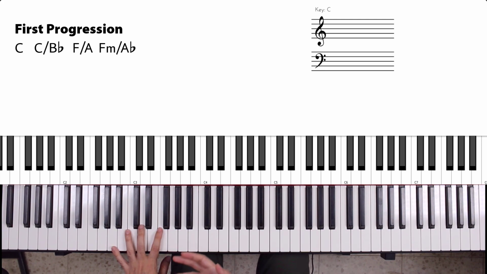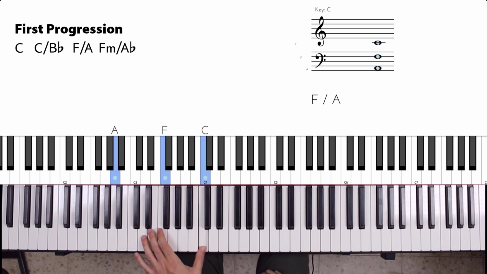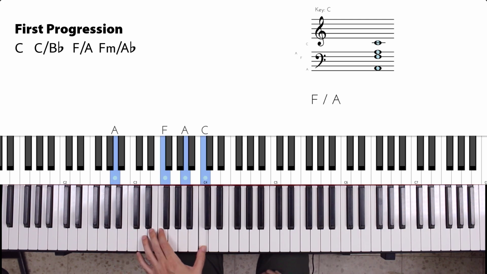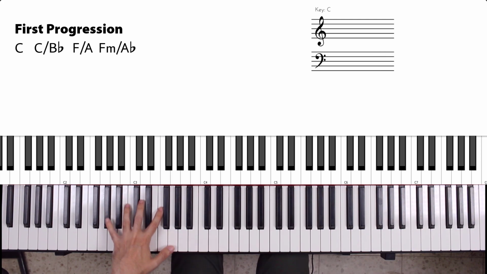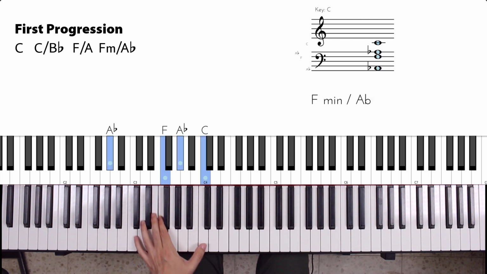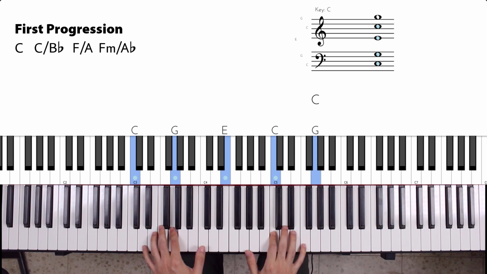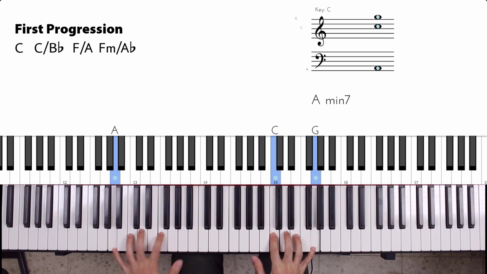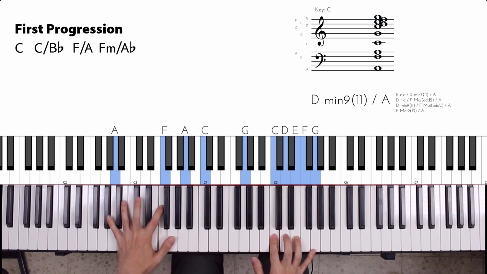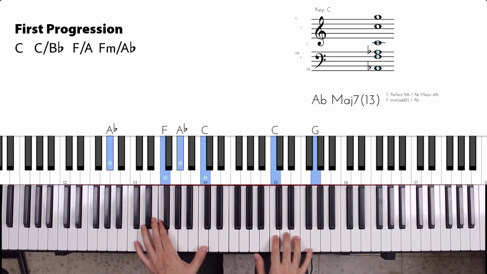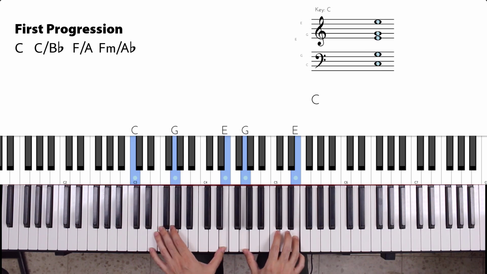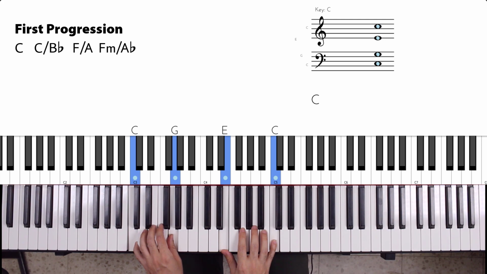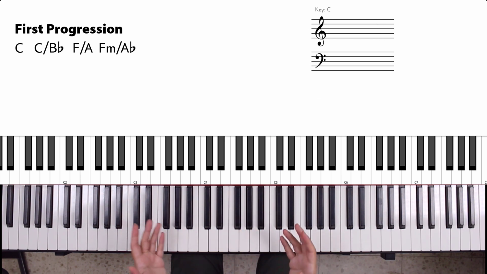For the next chord, the F over bass of A, and then for the F minor, so it's all about arpeggiation.